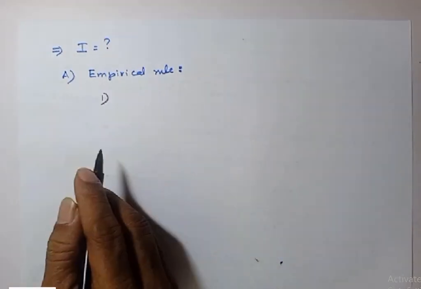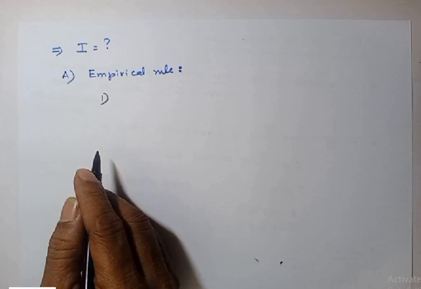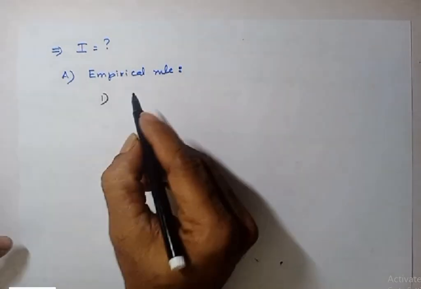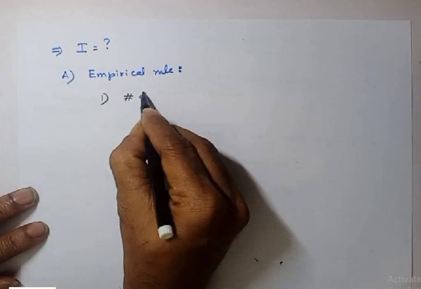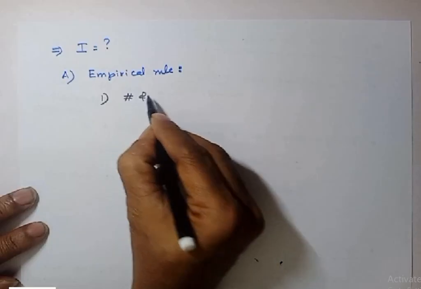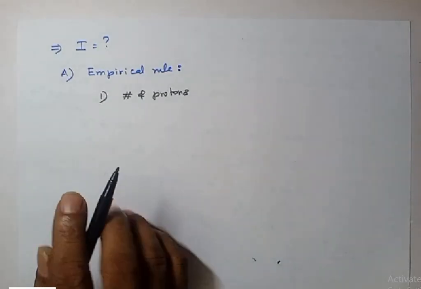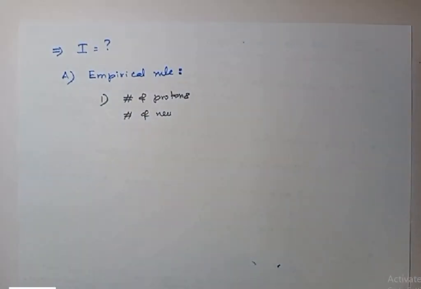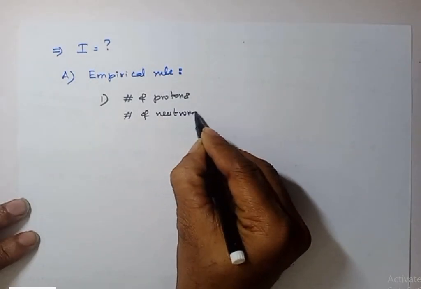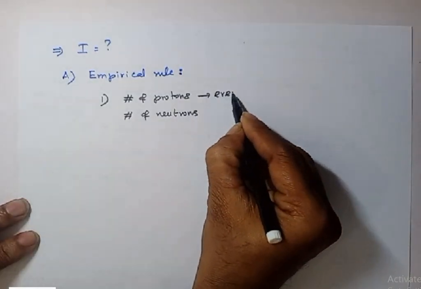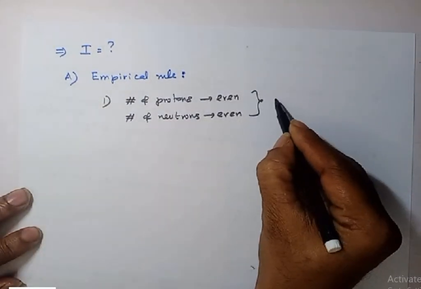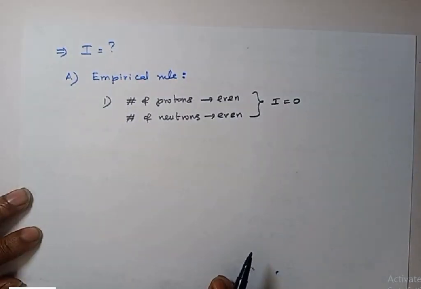Rule number 1. Listen, observe carefully: if the number of protons and the number of neutrons present in a nucleus are both even numbers, then that nucleus has I equal to 0.